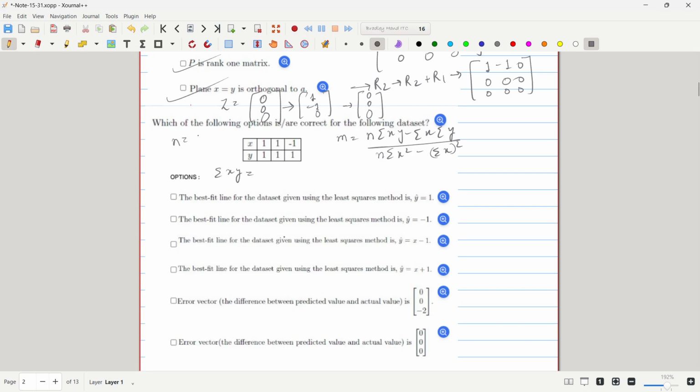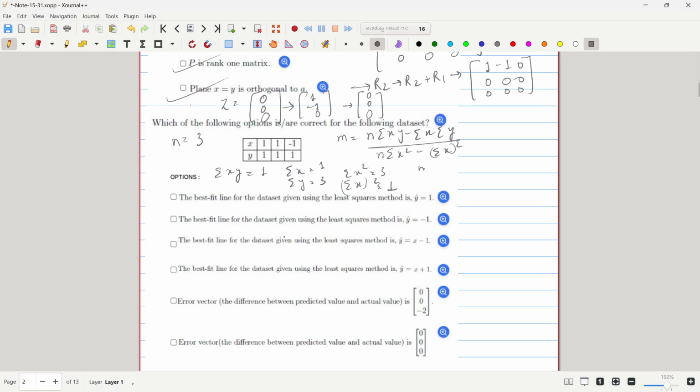First, n is equal to 3. Summation of x into y: 1 into 1 plus 1 into 1 plus minus 1 into minus 1, so this is 1. And summation of x, 1. Summation of y, 3. Summation of x square, 3. And summation of x the whole square, that is 1.